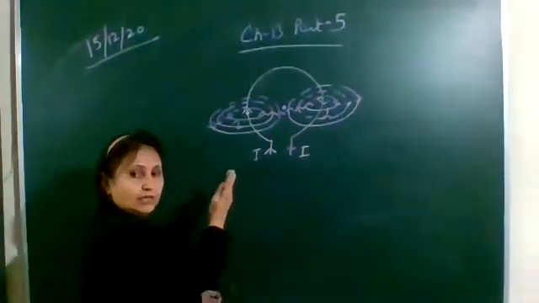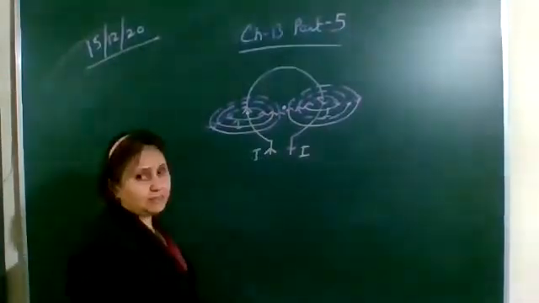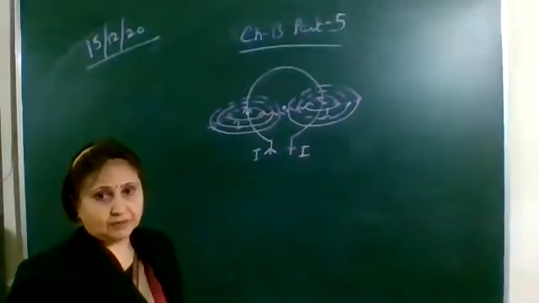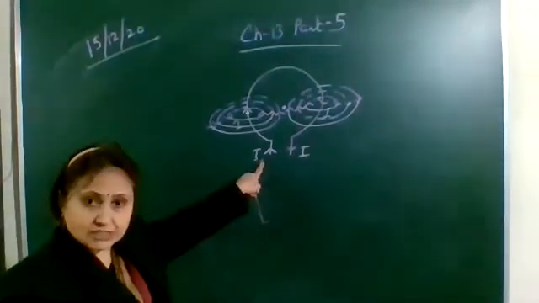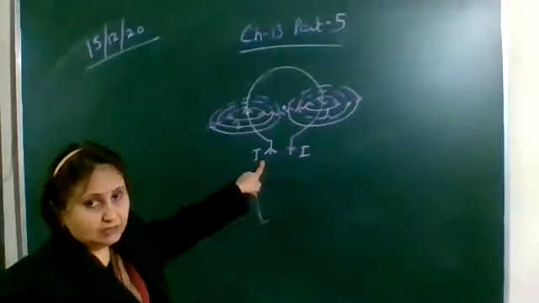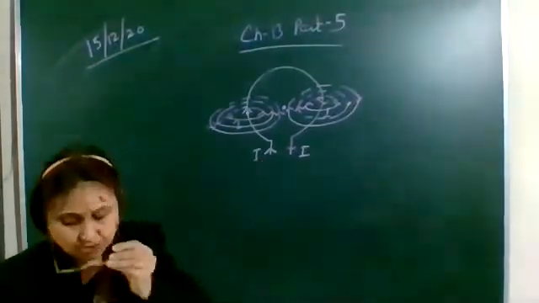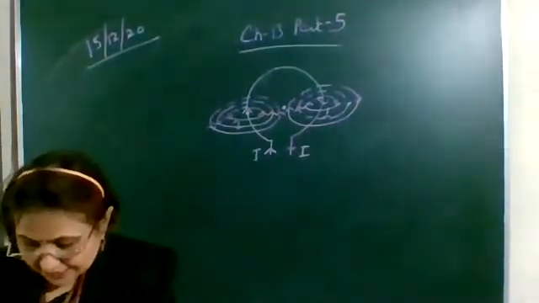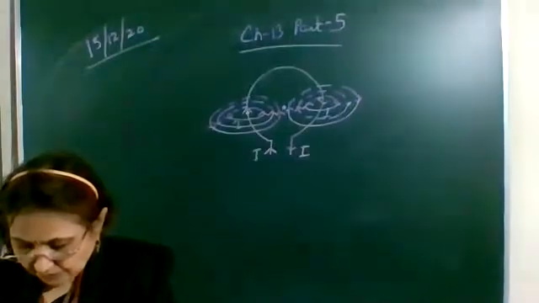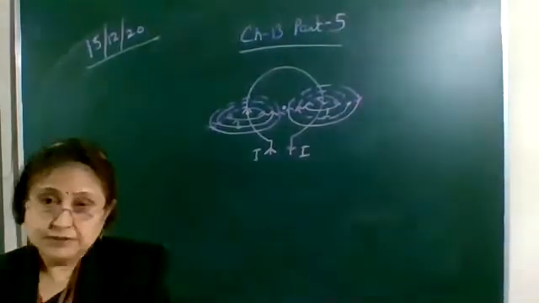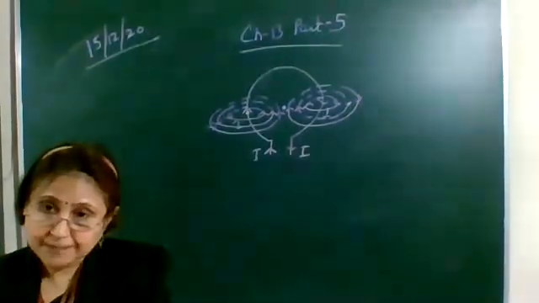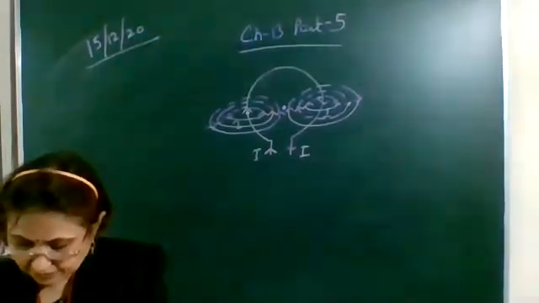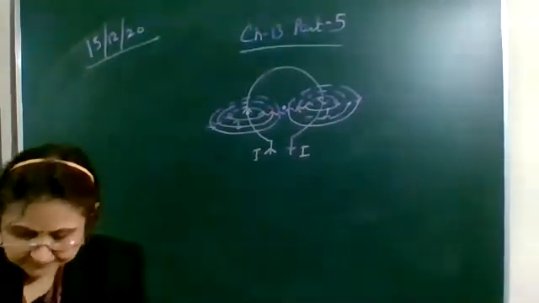The current carrying loop is perpendicular to the plane of the board. Here I have drawn an easy figure, so you can consider this figure and draw it, which is comparatively easier. Let's see in this figure also. That is also a current carrying loop, but here the current carrying loop is perpendicular to the plane of the board.